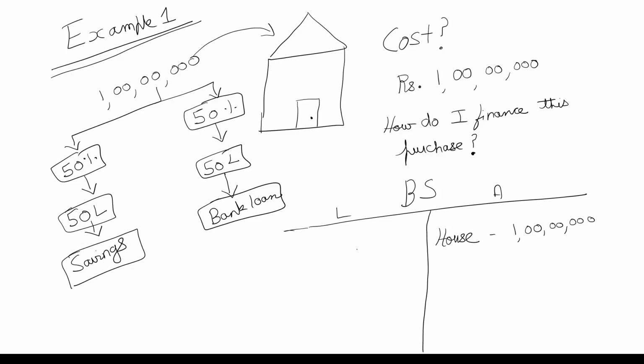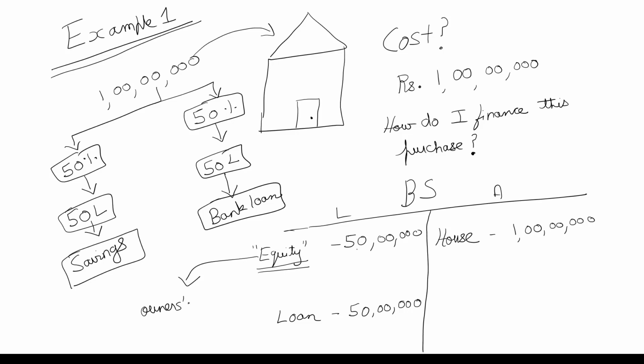So that is what I am going to put in the liabilities side. When I come to the liabilities side here, I got 50 lakhs in the form of a bank loan. So that is something I would write here. And I also got the other 50 lakhs from my own savings, and I'm going to call that equity. Why do I call it equity? Because equity refers to owner's money.